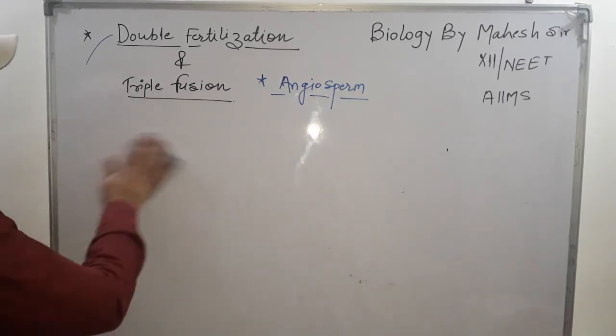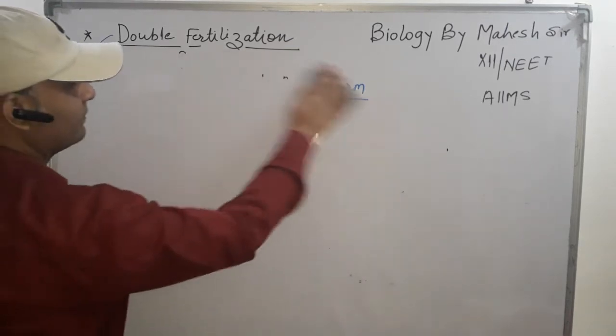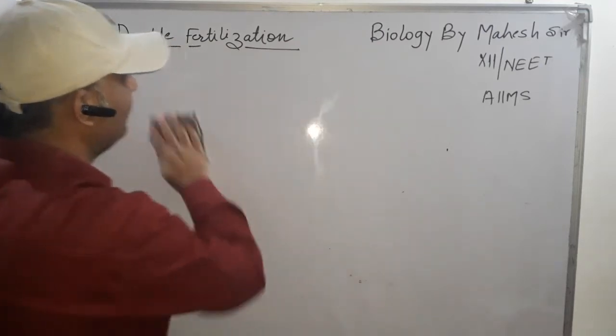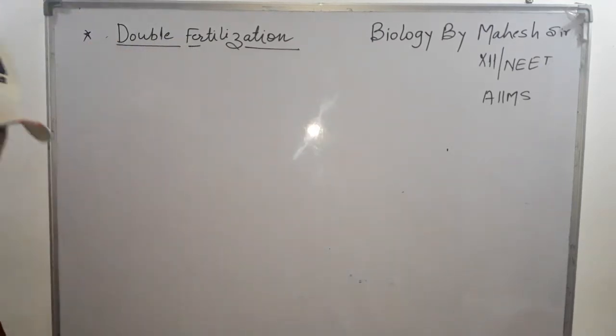First of all, double fertilization and triple fusion take place in angiosperm plants.